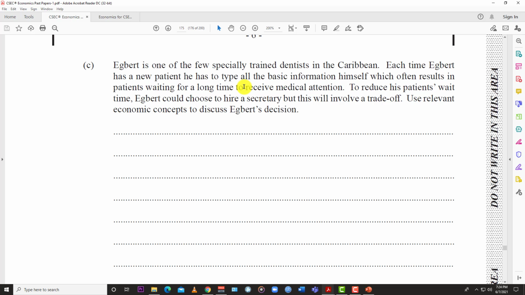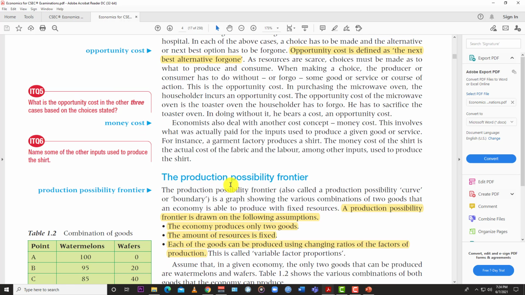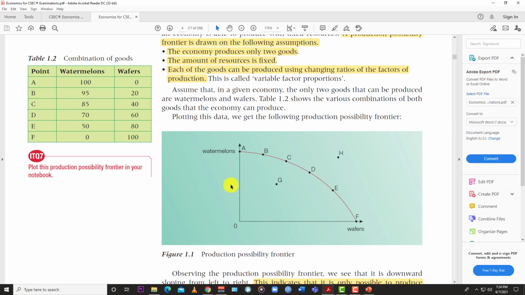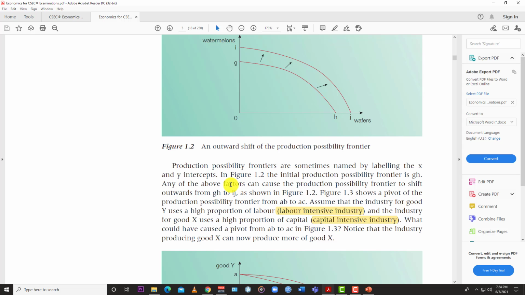And of course, the idea of efficiency, where Egbert can choose to pay the secretary and increase his efficiency, where he would be able to see more patients or see them in a timely manner, get more work done himself, or be inefficient by having to fill out all the paperwork. So all these concepts coming out right there. So we have choices, we have opportunity costs, we have efficiency, production efficiency, economic efficiency coming out, right? So all those are things that you can discuss in this question.